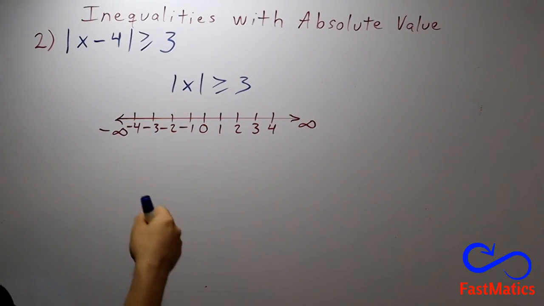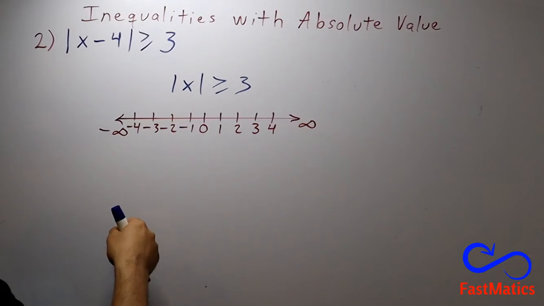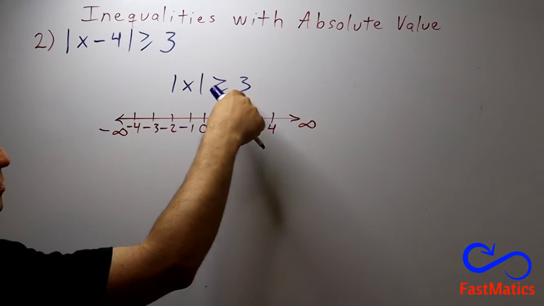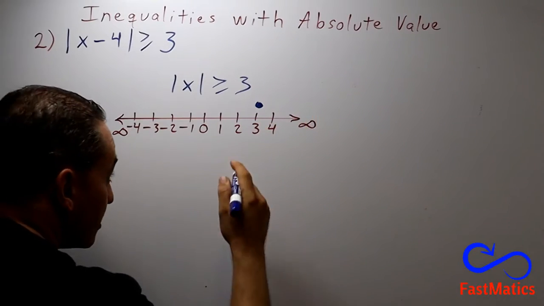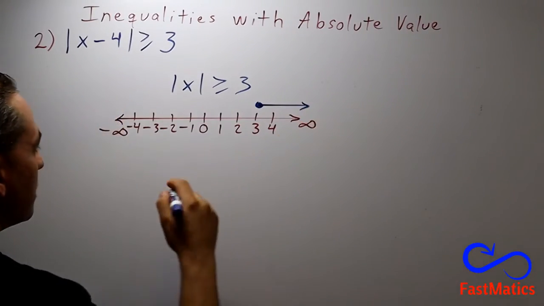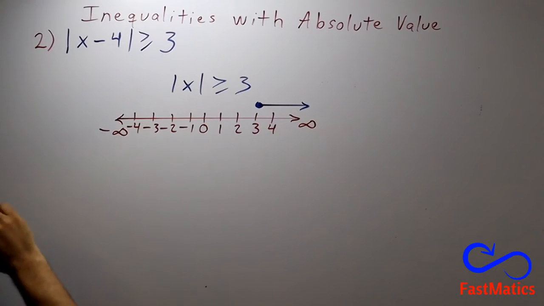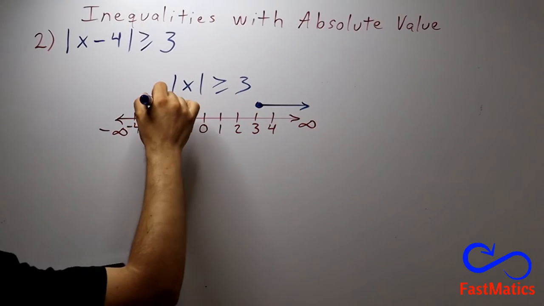You will always take the numbers as positive numbers. So numbers greater than or equal to 3. So 3, 4, 5, etc. And here, if you forget the negative sign, you also have 3, 4, 5, 6, etc.